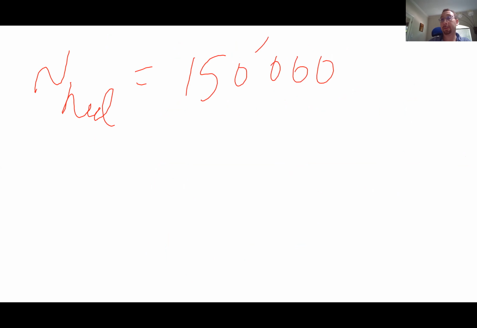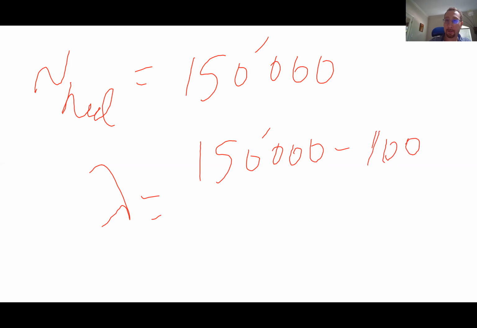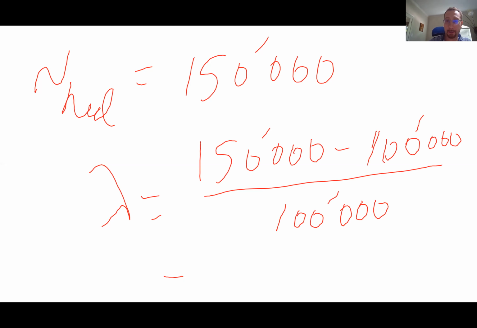So in that case, N of heal is going to be 150,000. So then lambda becomes 150,000 minus 100,000 divided by 100,000, and it's going to be 50%.